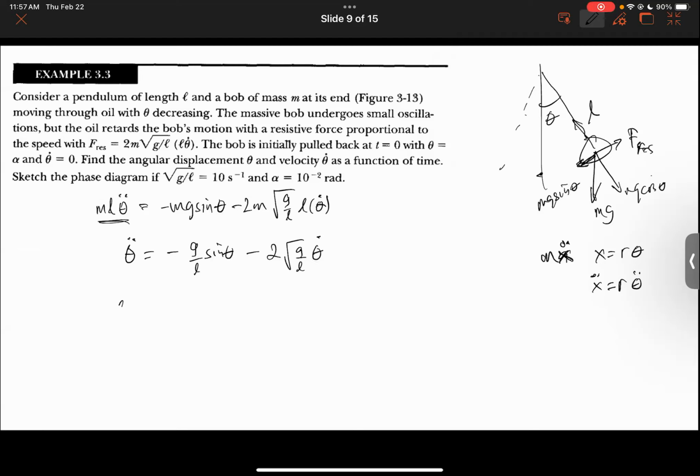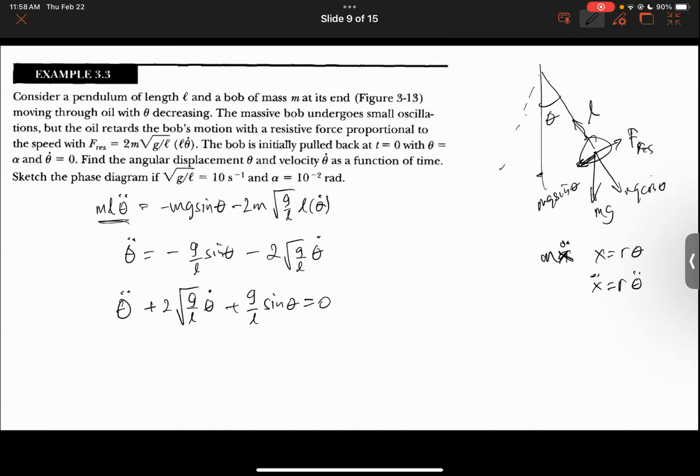And if you move everything to the opposite side, plus 2 square root of g over L theta dot plus g over L sine theta is equal to 0.